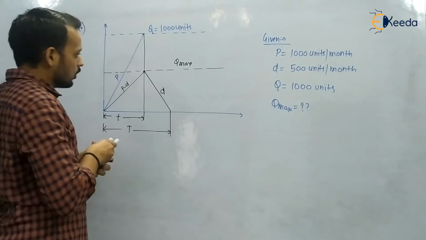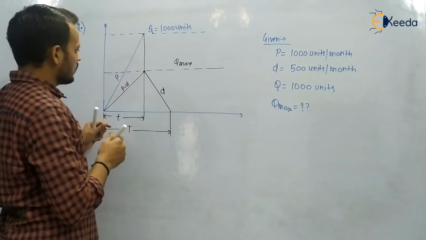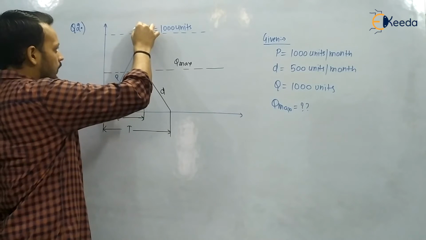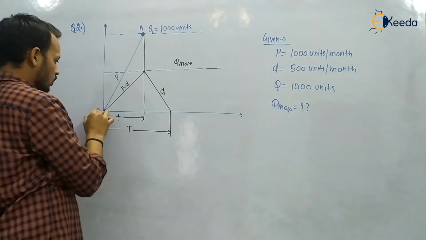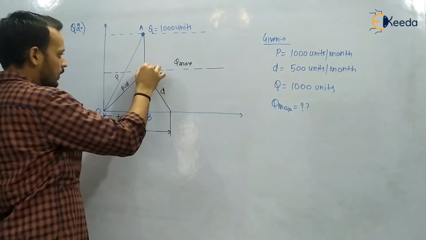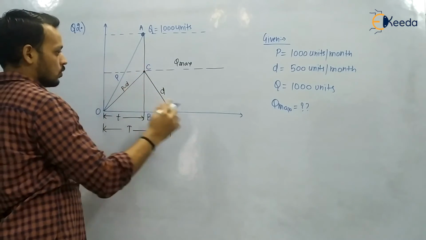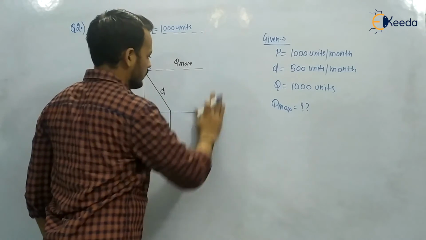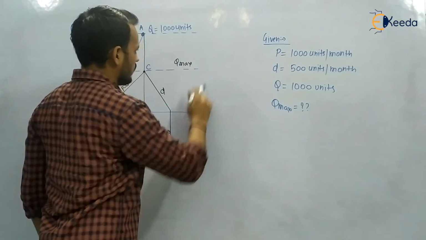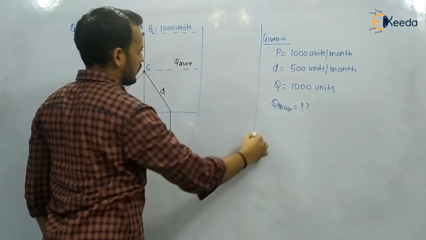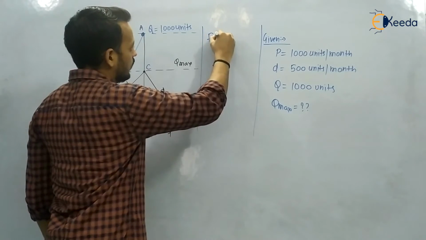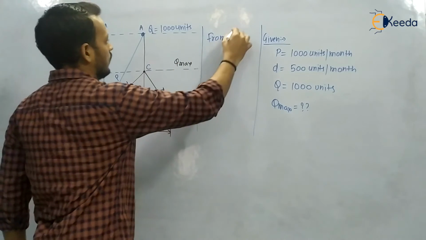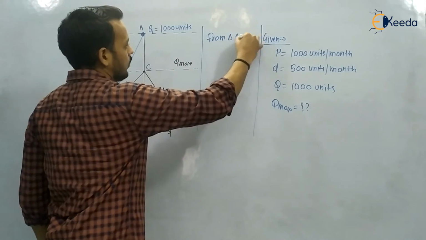So from this graph, you have to find Q max. Just look at this triangle AOB.